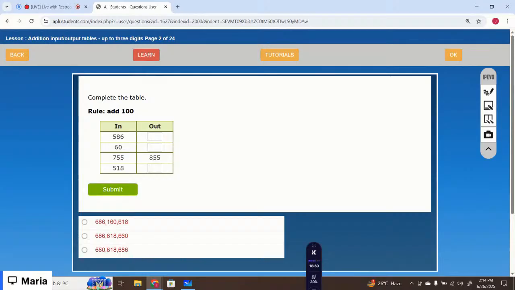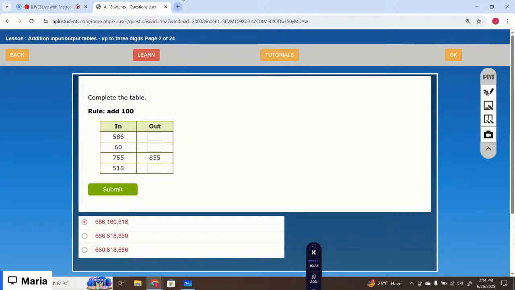Complete the table. You need to add 100. So how do we add 100? We have to add 100 to each input value. 586 plus 100 makes 686. 60 plus 100 makes 160.